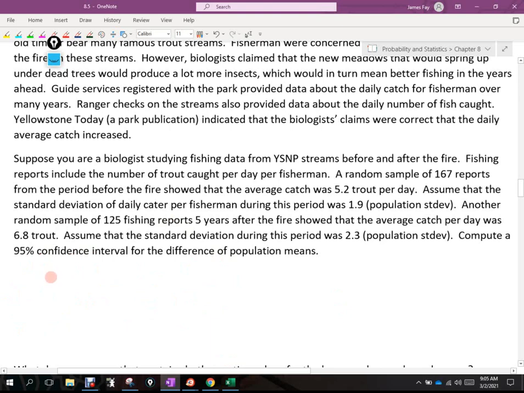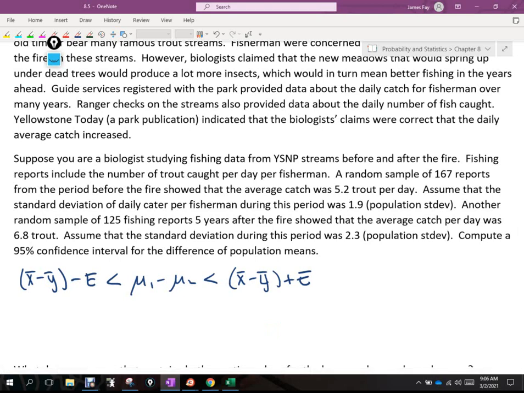I apologize. We're doing differences, so it's x bar minus y bar minus E is less than mu1 minus mu2 less than x bar minus y bar plus E. Okay. Chi-squared was that question we did before class. I was just in that mode, sorry.